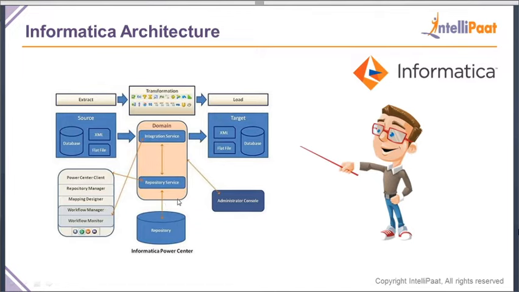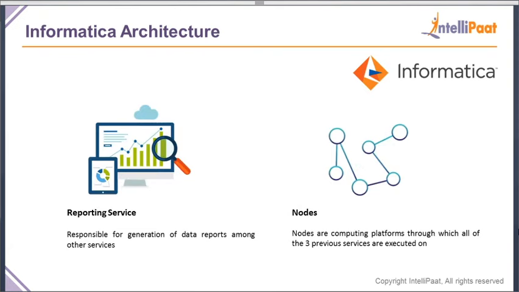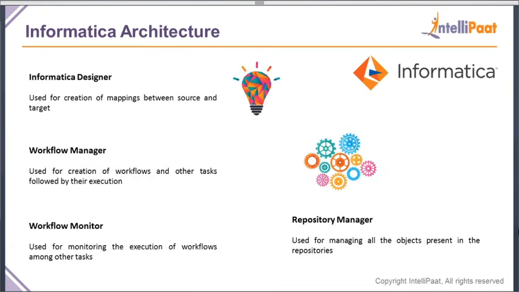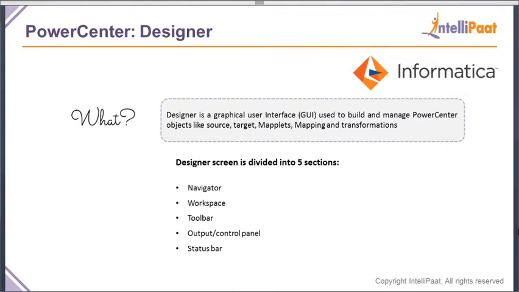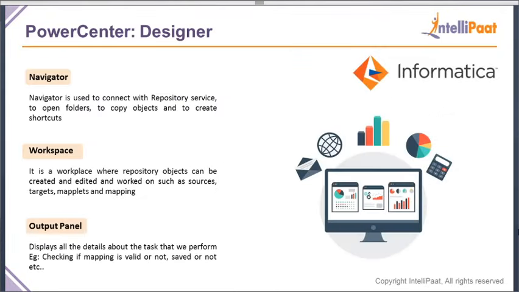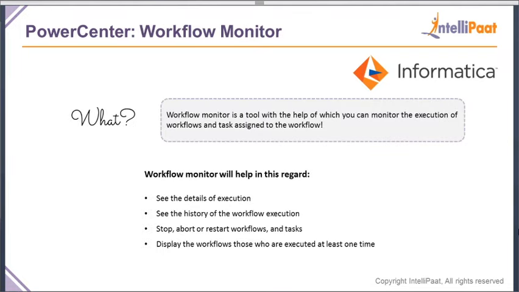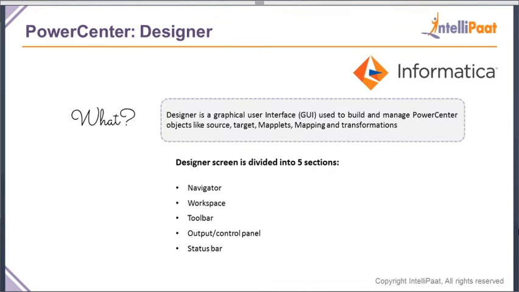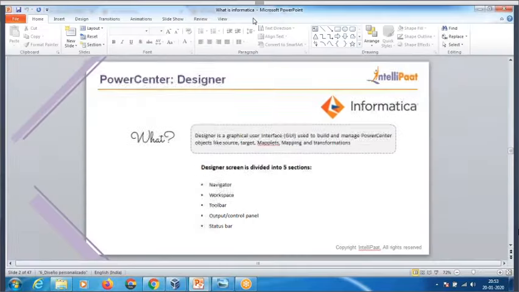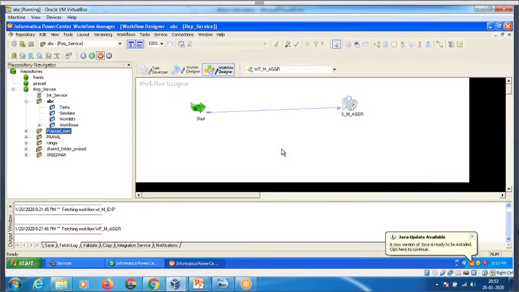Within the PowerCenter Designer, we have 5 components: source analyzer, target designer, transformation developer, maplet designer, and then mapping designer. Let me show you on the screen. That's better for you to understand.